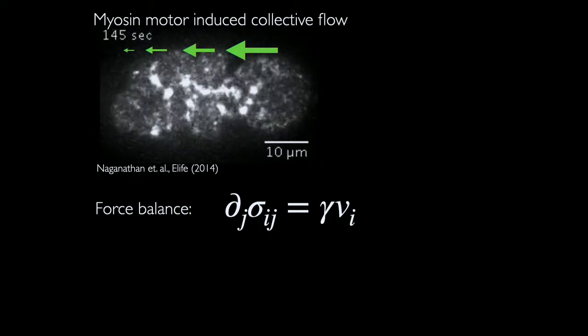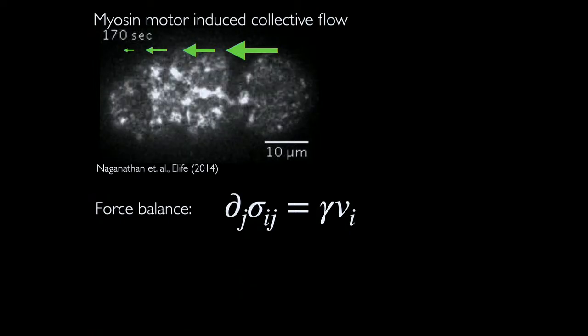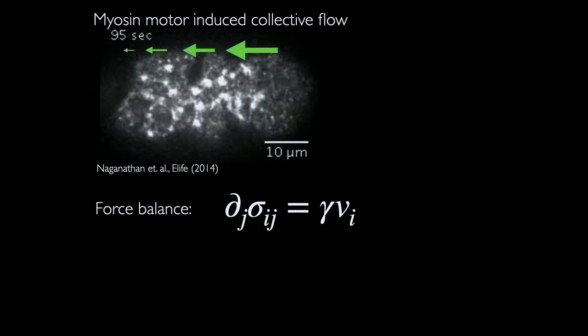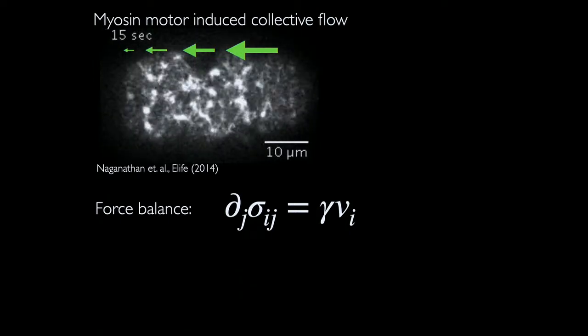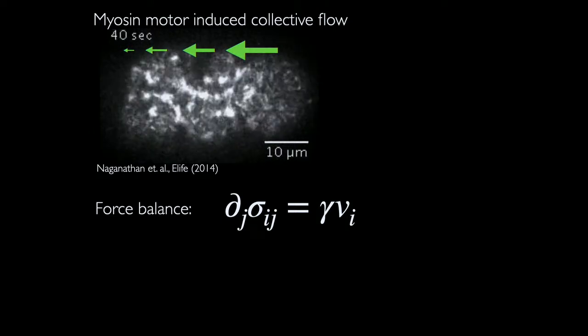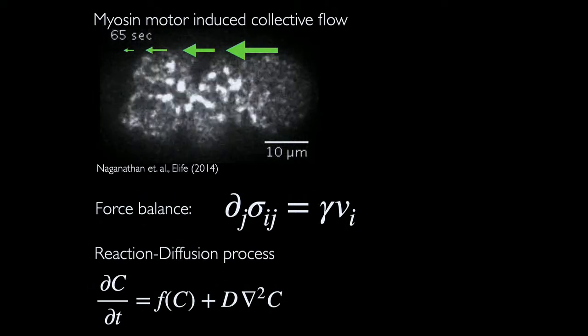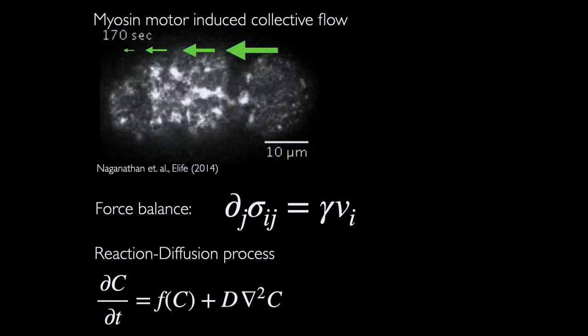Those who don't know don't have to worry about this equation. It is simply saying what the different forces are that are balanced in the continuum limit. If you solve this equation, you will get a solution for the flow field, the velocity field. Once you have the velocity field, you had the original Turing's idea of a reaction diffusion system.